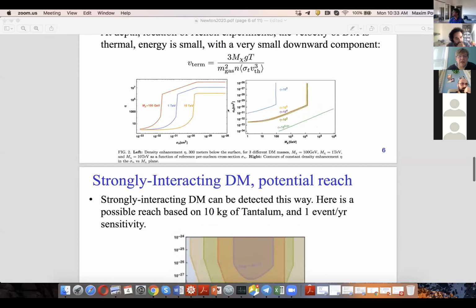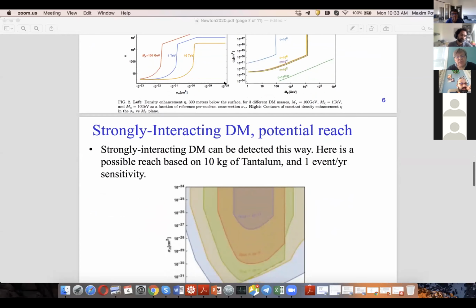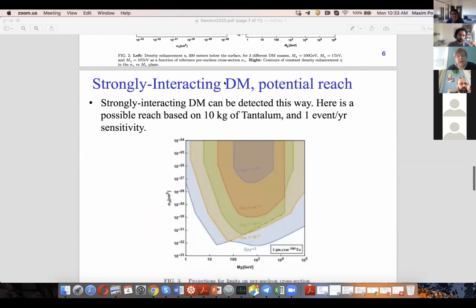Right, and so these enhancements are plotted here, and for 100 GeV mass and a sizable cross section, this enhancement can be, say, 8 or more orders of magnitude, 9 orders of magnitude, which facilitates a little bit of the reach.